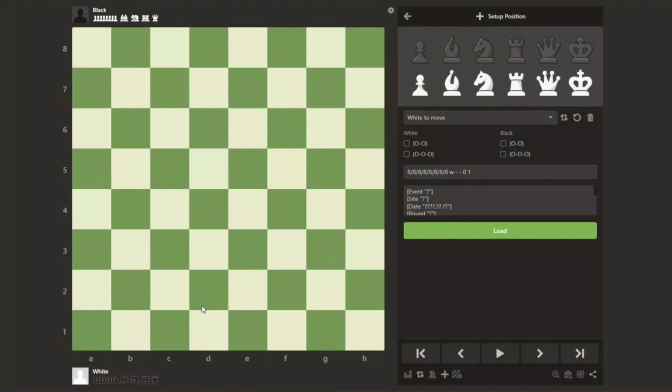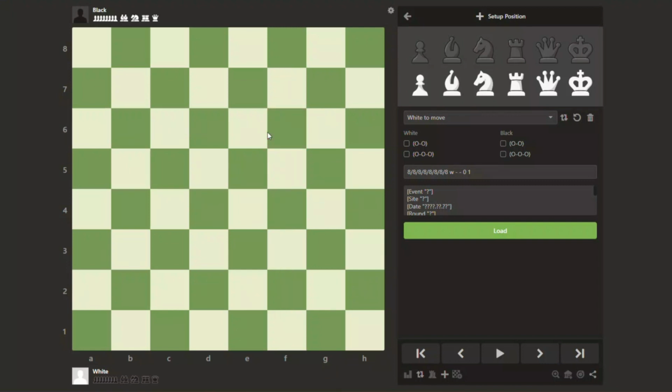Now let's take another example. Suppose I want to say the square name of this square. First we will see on which alphabet this is. This square is on the F file, and sideways we will see it's on the 6th rank.